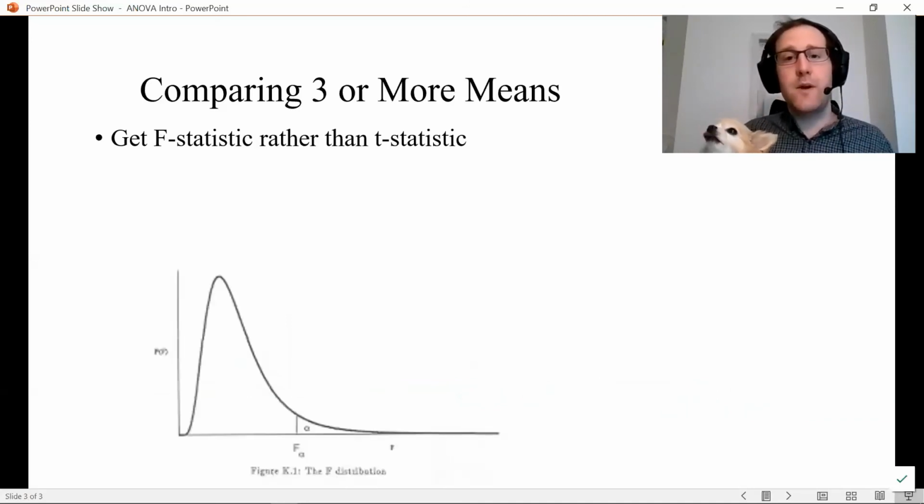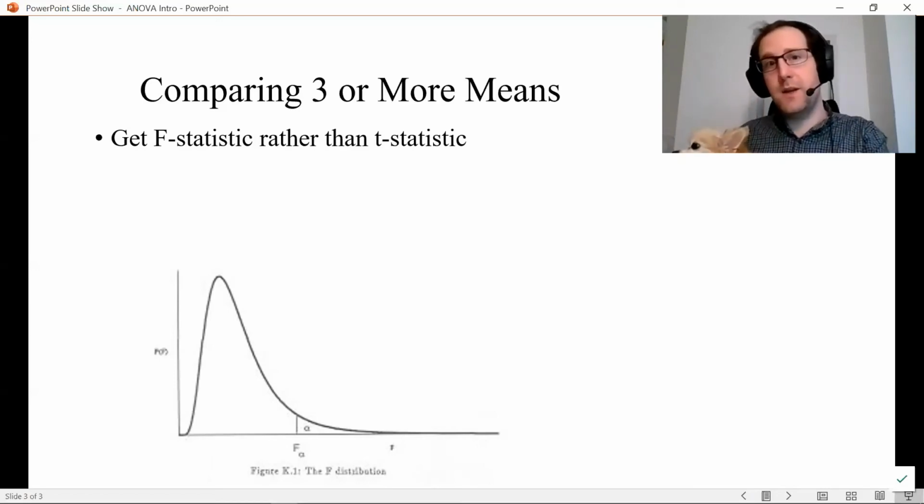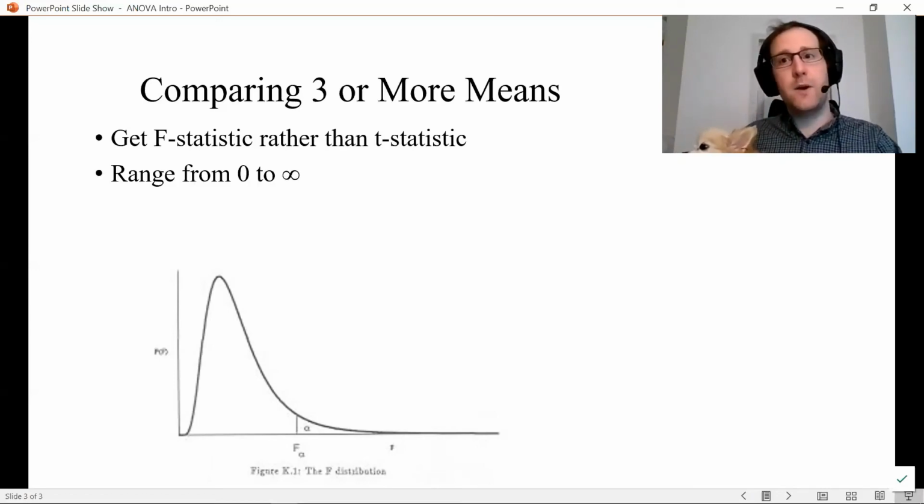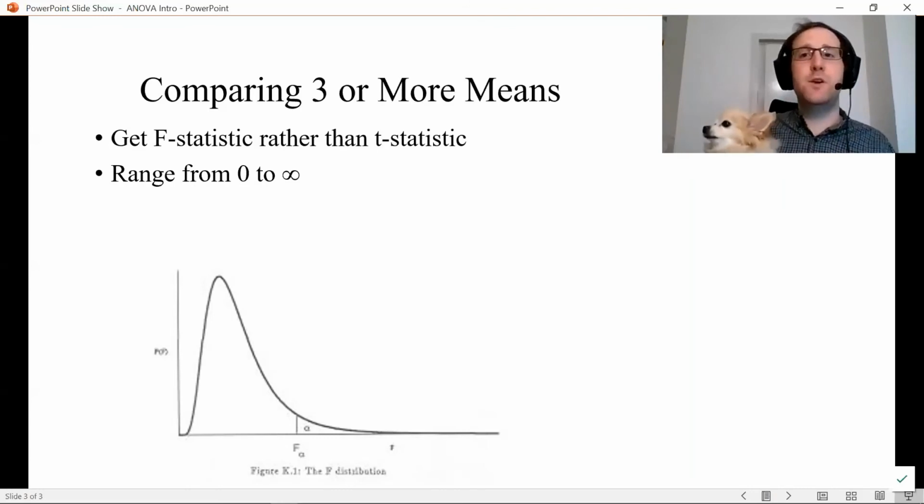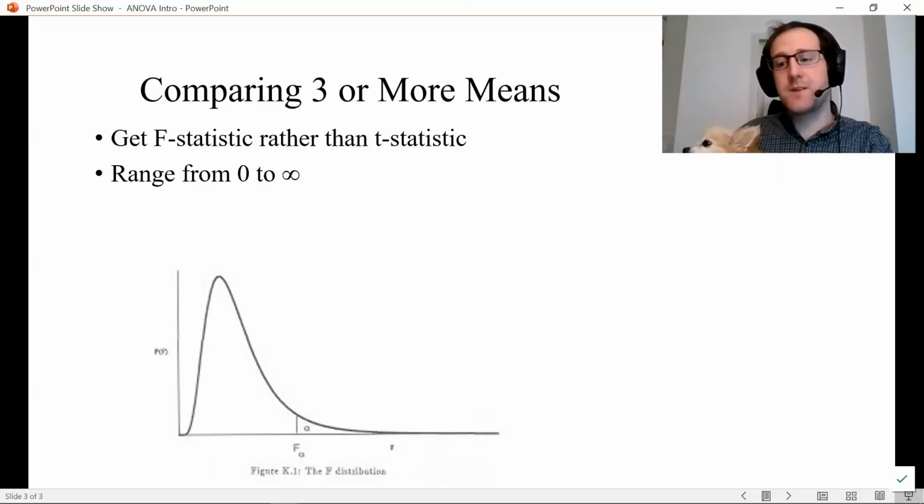And so rather than there being a distribution that's close to normal, the F distribution actually starts at 0 and goes up to infinity. And so what you'll find is that most of the distribution is going to be at the bottom of that distribution. Lower F scores are more common than higher F scores.